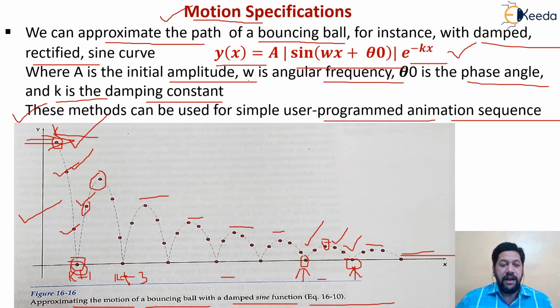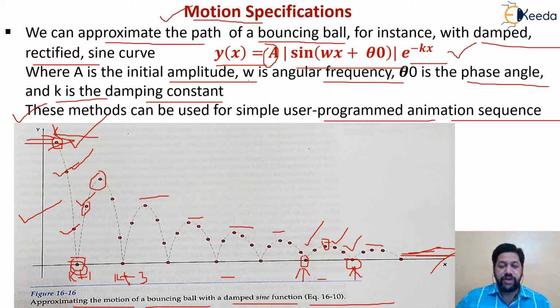I'm very sure that with this bouncing ball example you are clear how the motion picture can be achieved, and why there is a need to specify all these values. I have to specify the amplitude, and here we are using the sine function.